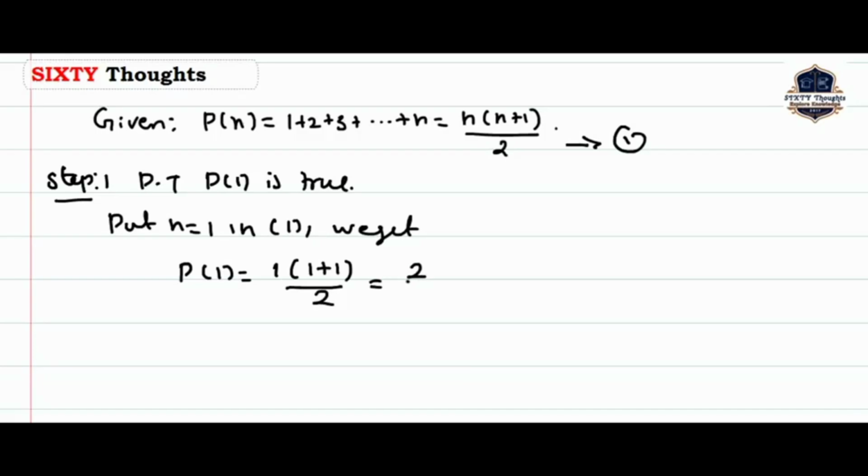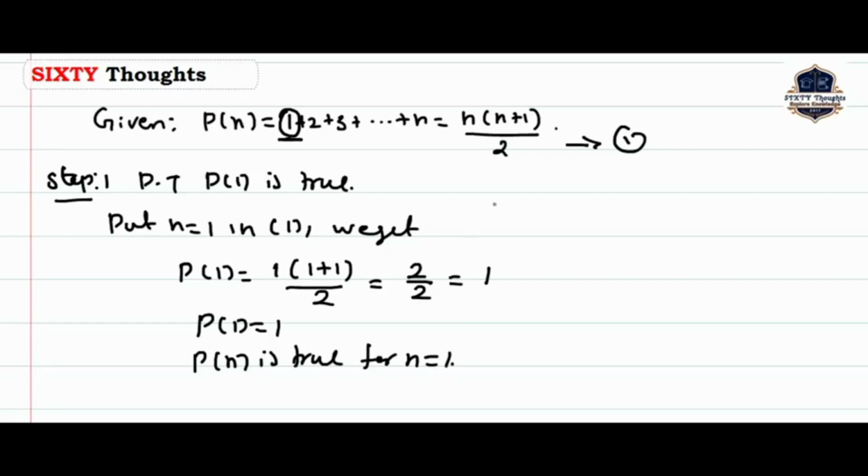In the numerator we get 2 by 2, and 2 by 2 is nothing but 1. Therefore P of 1 equals 1. So P of n is true for n equal to 1.